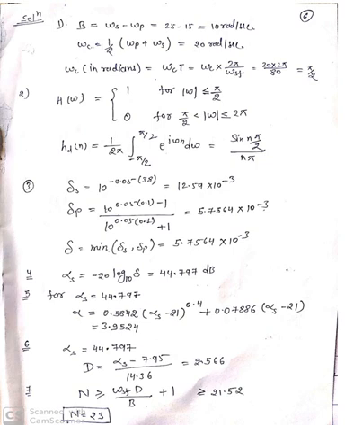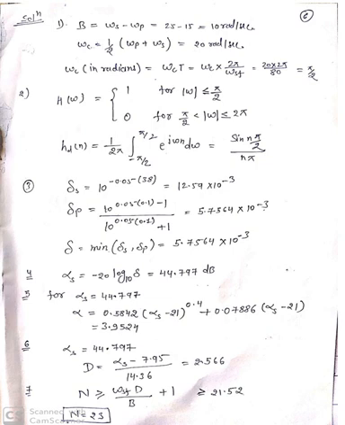So hd[n], for the low pass filter, this is the desirable frequency response, is the integral from minus pi by 2 to pi by 2 of e to the power j omega n d omega, which equals sin(n pi by 2) divided by (n pi) after solving the integration.